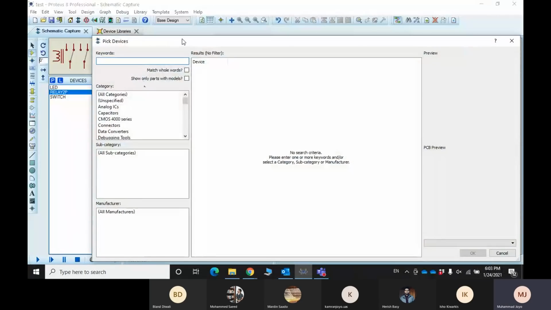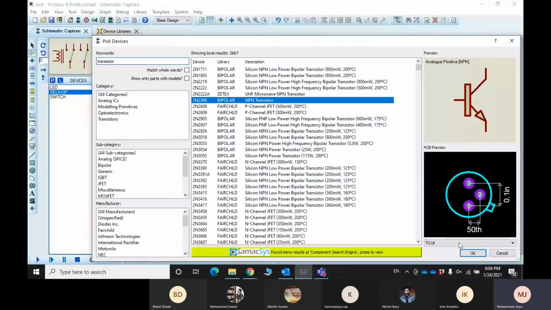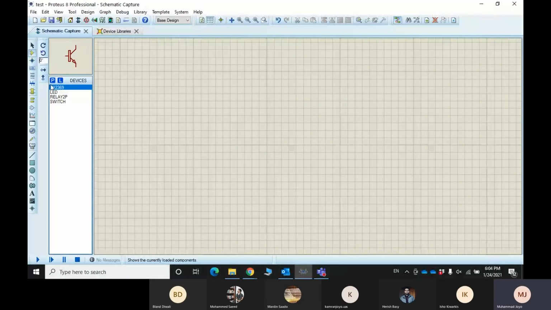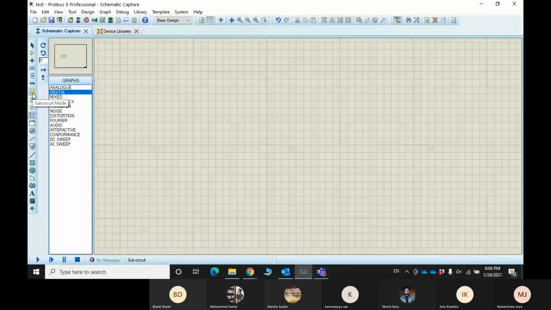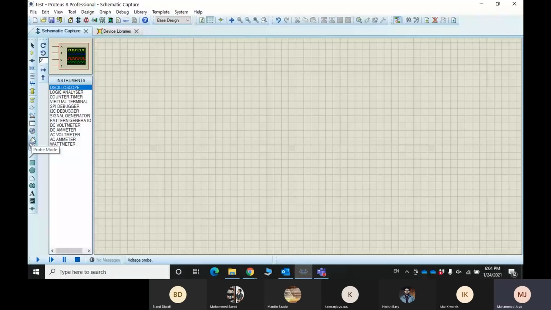We have a transistor here. All right, no problem.